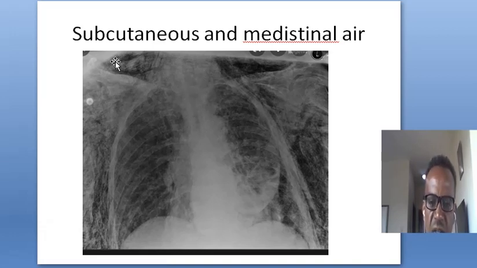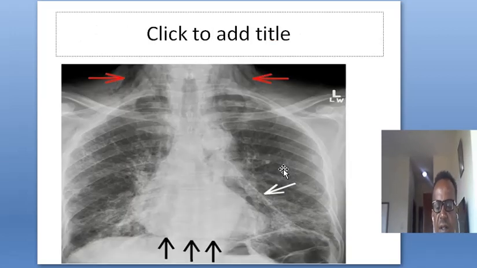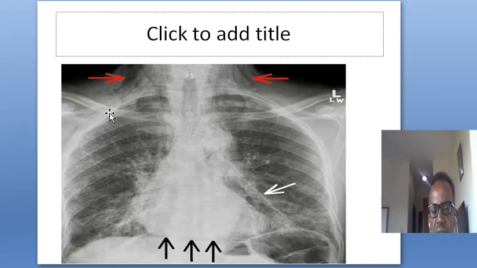These are the air you find in the subcutaneous tissue, a very massive amount. So this is what we call air in the mediastinum. And the air in the subcutaneous tissue is still expanding to the neck. So air in the subcutaneous tissue and air in the mediastinum are surgical emergencies.